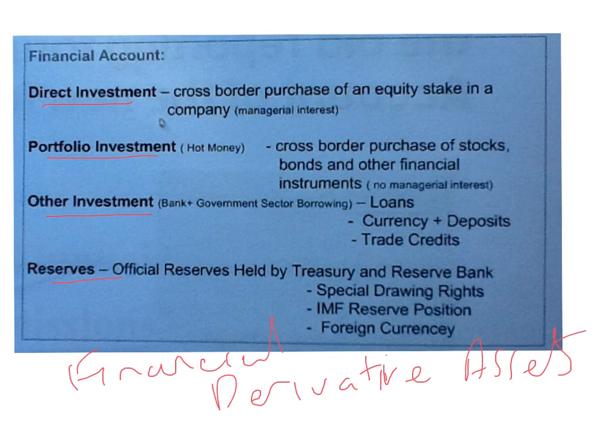Just think of them as being financial securities. But, yep, everything's there. Oh, there we are. Other investment: loans, deposits of foreign currency or whatever, trade credits. That's talking about things like letters of credit. Don't really teach much about that. It's quite important. All right.